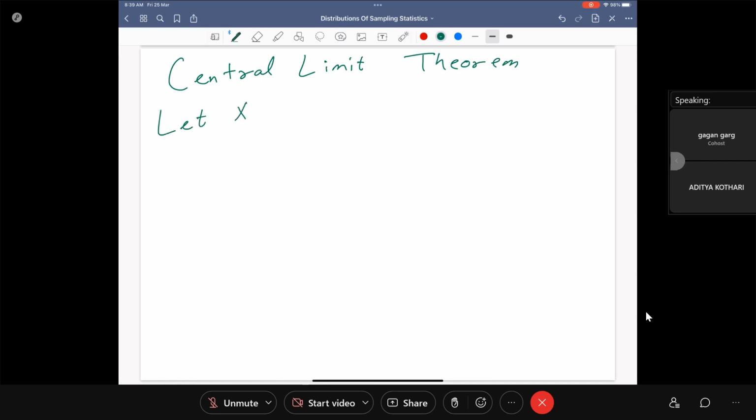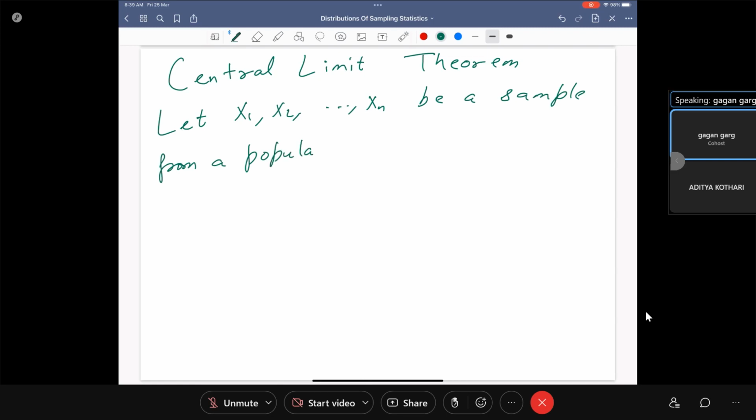So let x1, x2, ..., xn be a sample from a population having a certain mean.